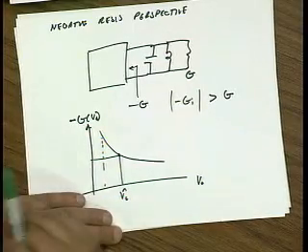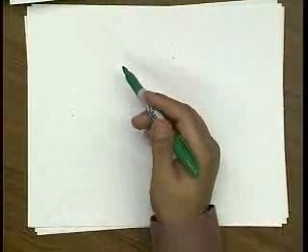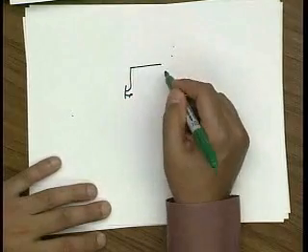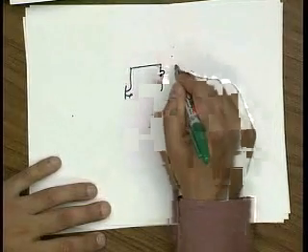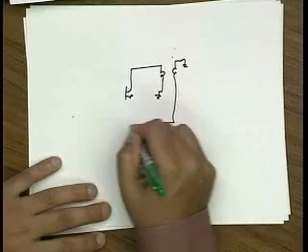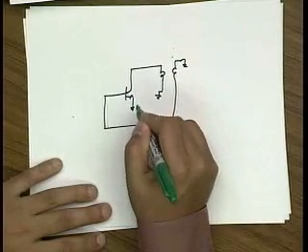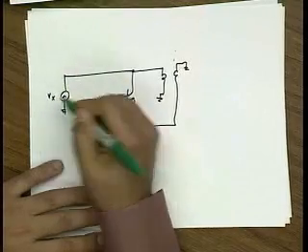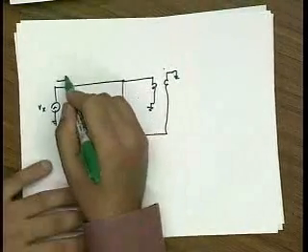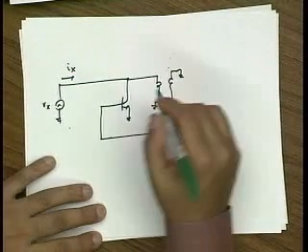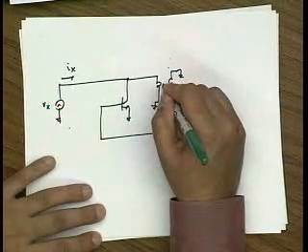Okay? So let me just show you guys how this works. Let's go back to the very first study. So I'm going to hook up a voltage source here, let's say Vx, and then I'm going to measure the current Ix flowing into this circuit.